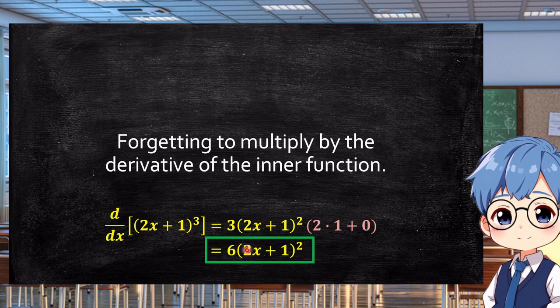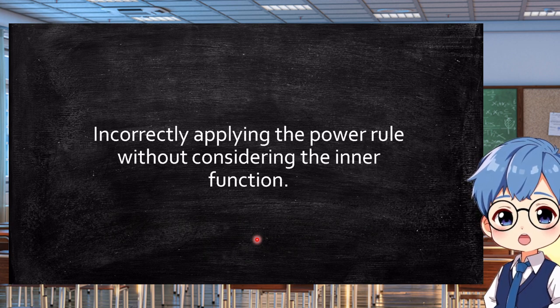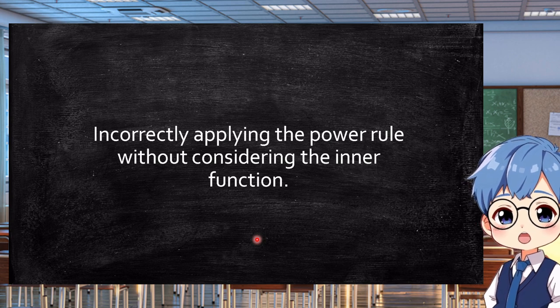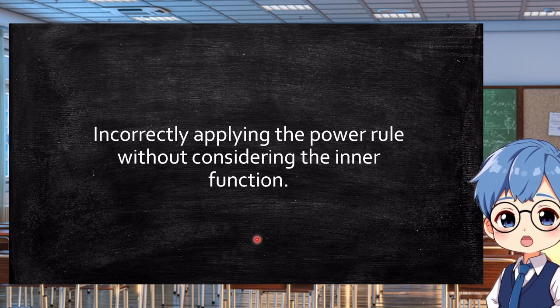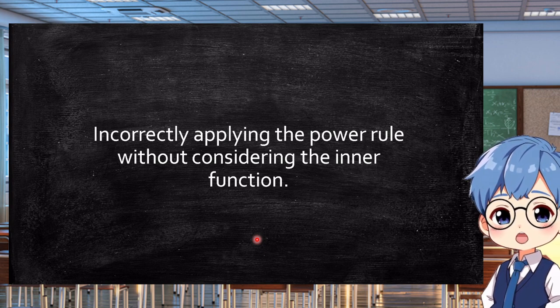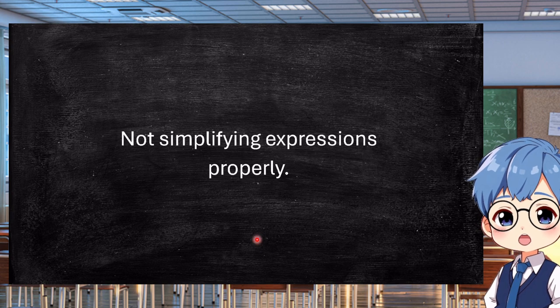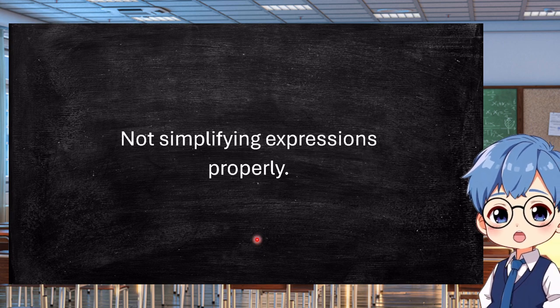Next, incorrectly applying the power rule without considering the inner function. So you might be making an error in applying power rule. Not all exponents are the same, so just be careful. And then lastly, not simplifying expressions properly.